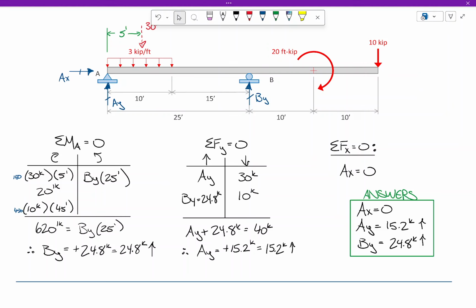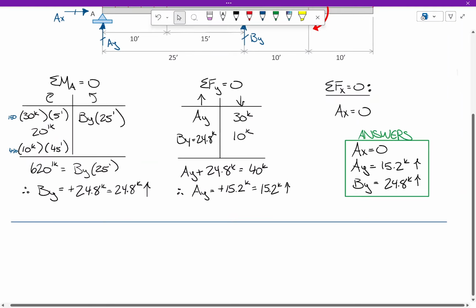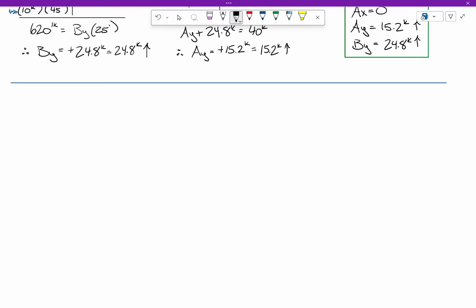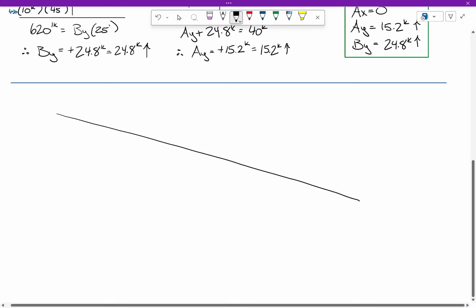Yes. I'm going to do my best. Okay, this is going to test my 3D art skills, so bear with me. I'm going to keep this picture here. Let's say that we have a beam like this.